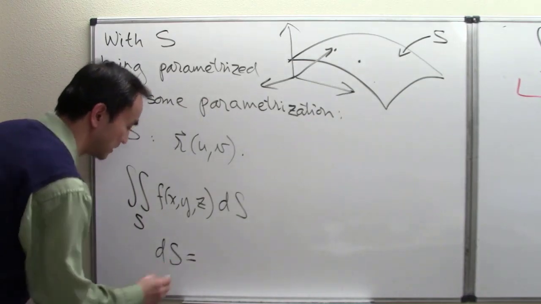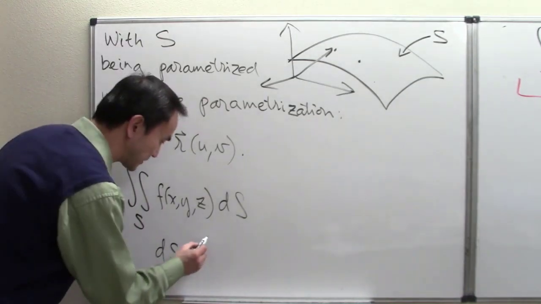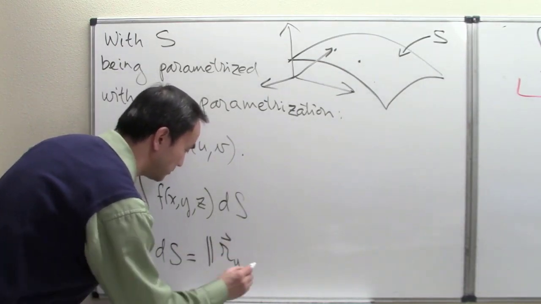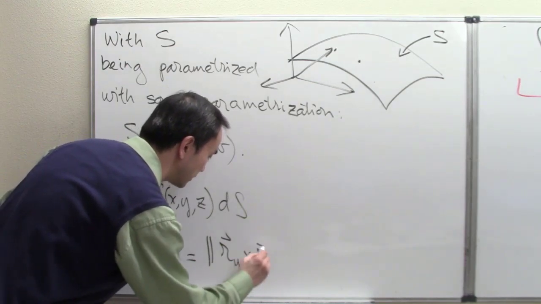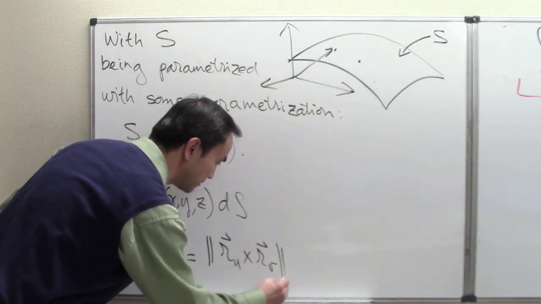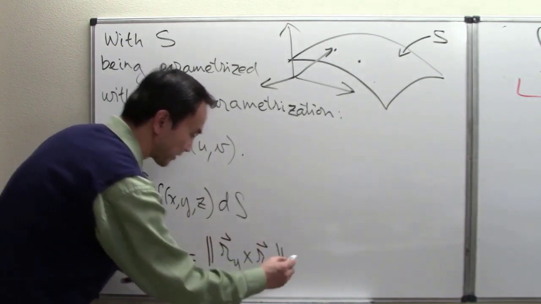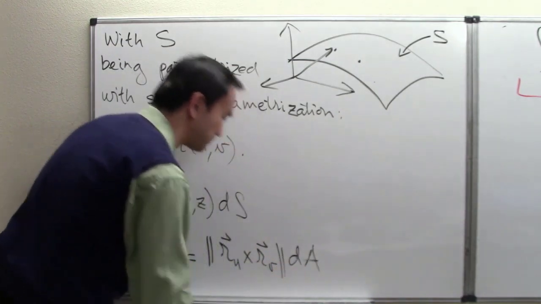dS can be re-expressed as the magnitude of r sub u cross r sub v, multiplied with dA.